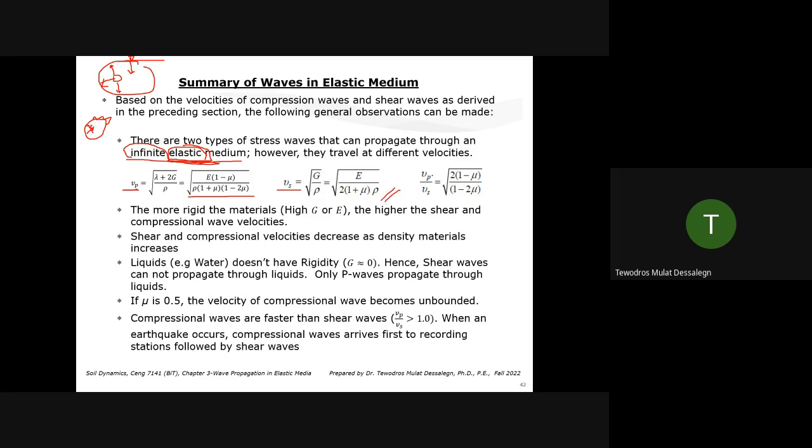Now look at this. Let's see the ratio of the primary wave velocity to the shear wave velocity. It's the square root of, just do this algebra. This guy right here divided by this. E will cancel out, density will cancel out. What you have is just an equation in the form of Poisson ratio.